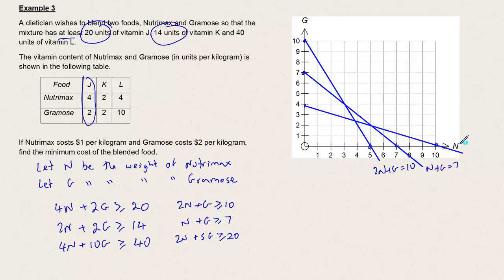So that's 2N plus 5G equals 20. And for each case it was a greater than or equal to. So we need to be above all of the lines, and therefore the feasible region is this open-ended region up here.